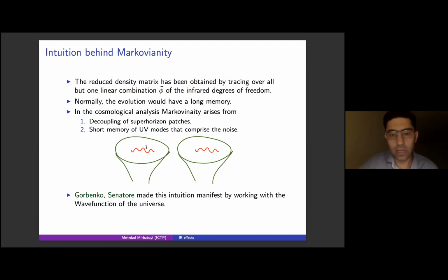And this intuition became very concrete in the work of Victor and Leonardo. At the level of the wave function, I think one can see the simple technical reason why it manifests itself to all orders in perturbation theory.